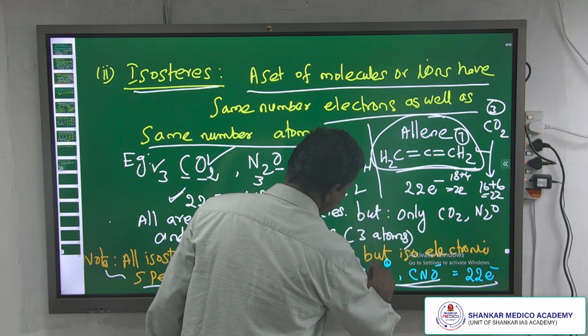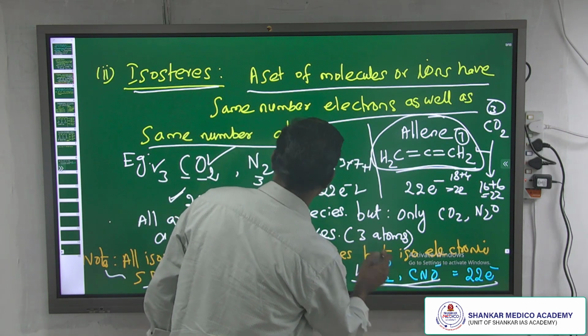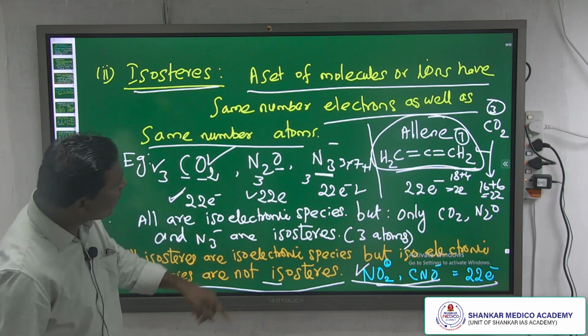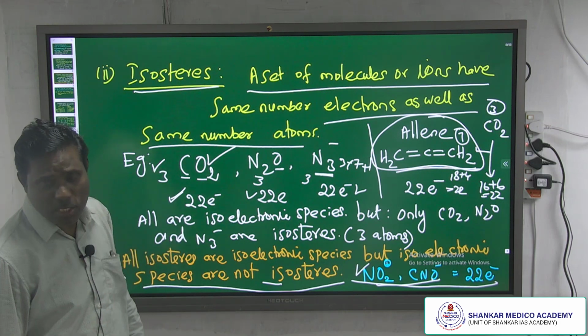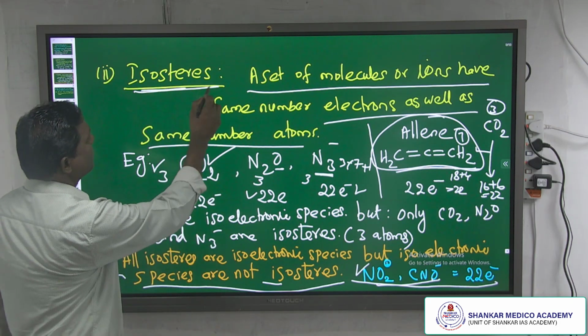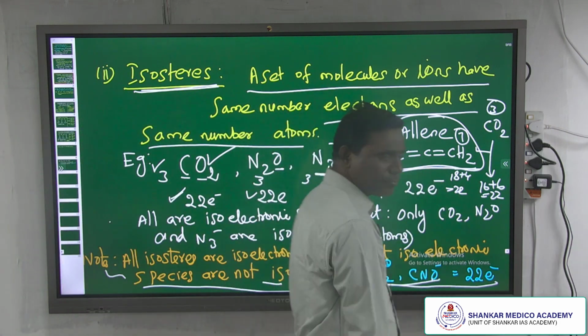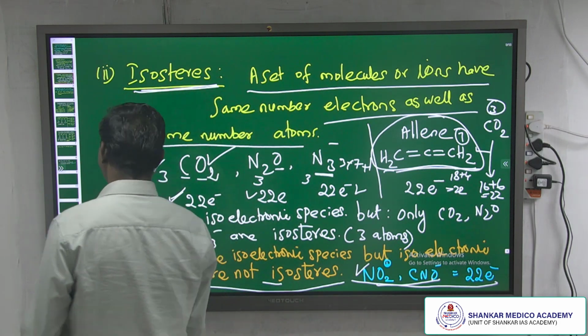So, NO2 plus electrophile, cyanide, and CO2, N2O, N3 minus are not only isoelectronic species, at the same time they are all isosteres except allene. I hope isosteres are well understood by everybody.